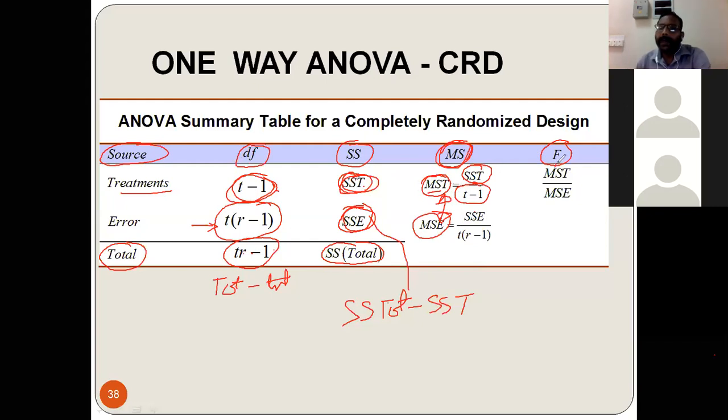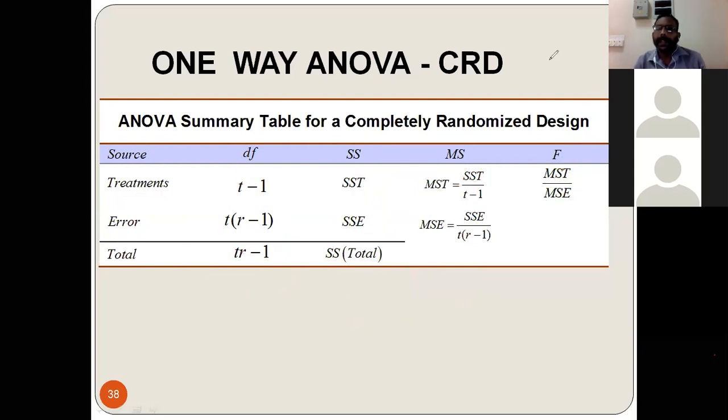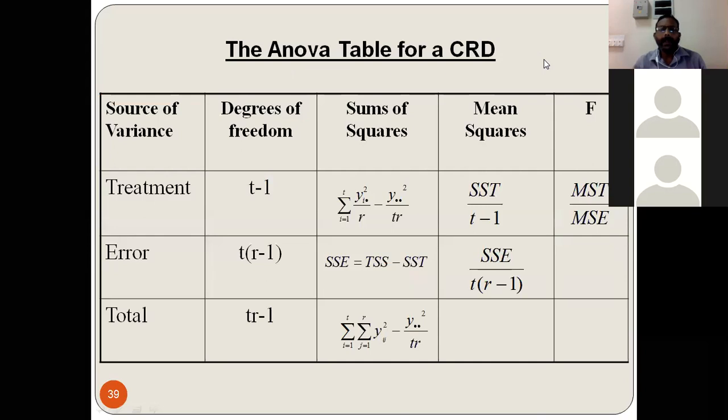Finally, we come to the comparison of these two mean squares, which gives the F calculated: mean square treatment divided by mean square error. Okay, right. We talked about this. Now we are going to put up some equations and see. Right.